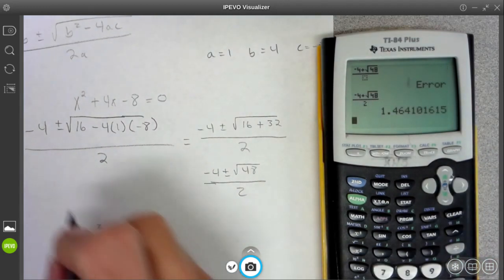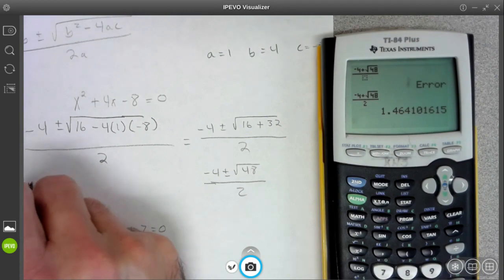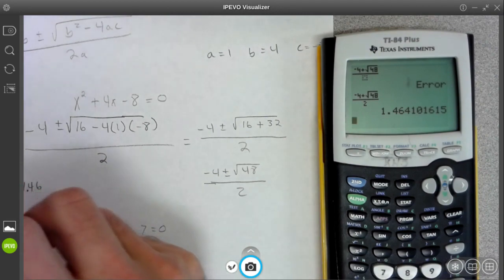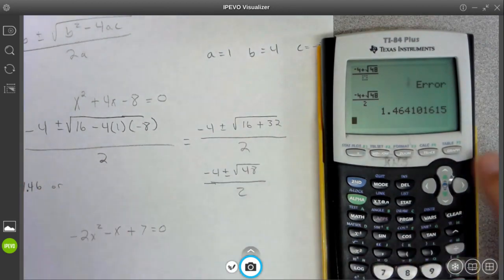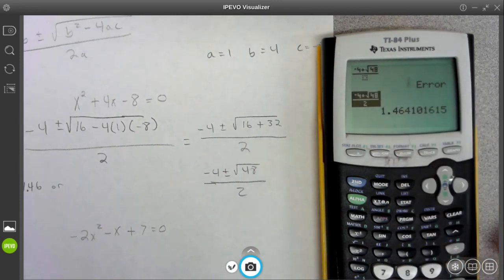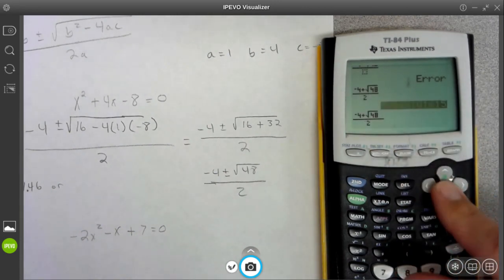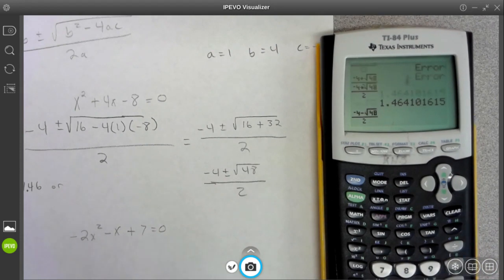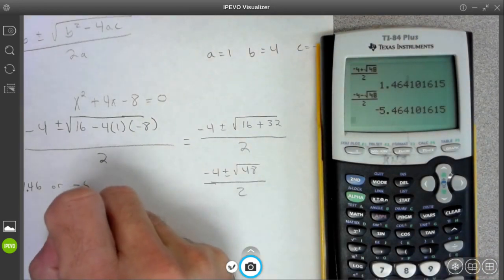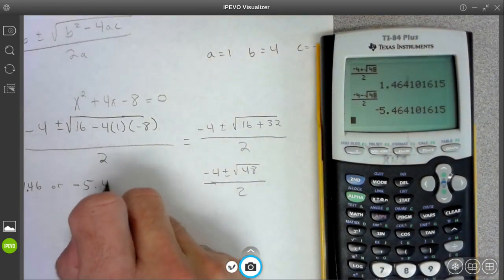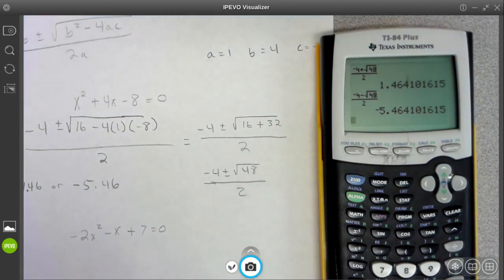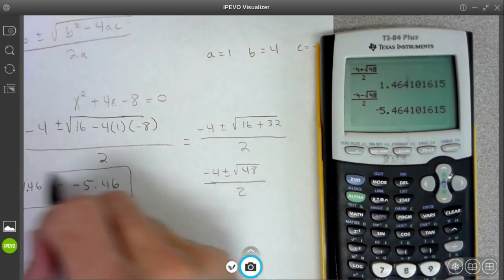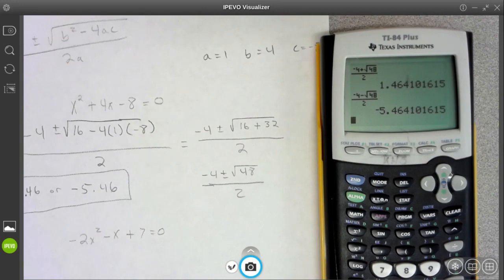All right, so 1.46. So that was the plus version. Now we're going to do the minus version. There we go. You get -5.46. All right, that solves that little quadratic equation.